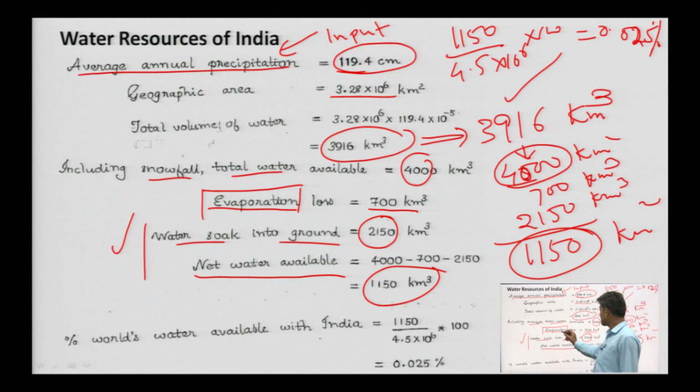Evaporation loss is very common, we cannot do much. If sunlight is there and it is open to the atmosphere, it is a common process.